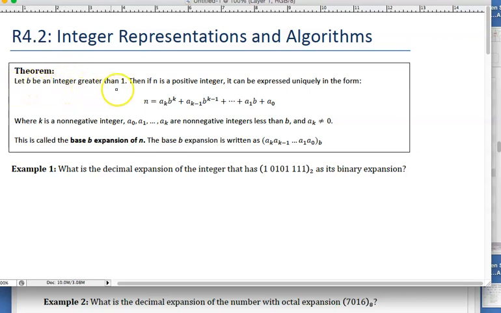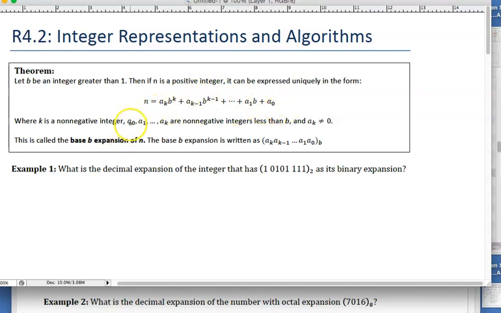So if b is an integer greater than 1, then if n is any positive integer, it can be expressed uniquely in this form. Basically this is a base b expansion of an integer n. This says that I can take any positive integer n and write it as a sum of powers of this base b. So the a's are the coefficients and b is the base to different powers.